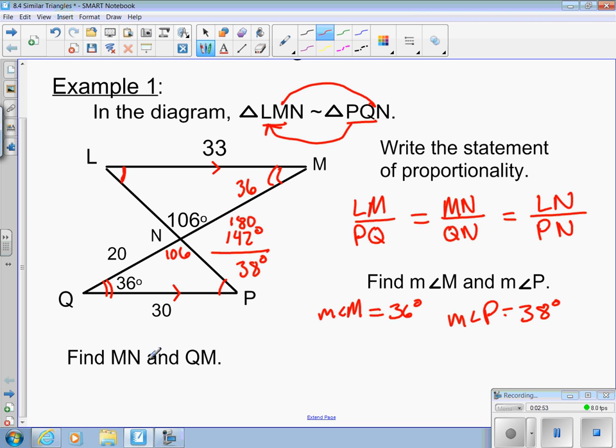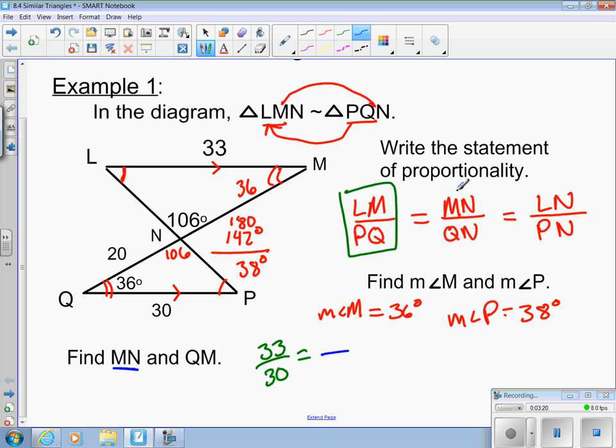Now they ask us to find some side lengths. We do know this ratio here. Okay, the length of LM is 33. The length of PQ is 30. So we're going to use that ratio now to solve for the missing side length we want, MN.